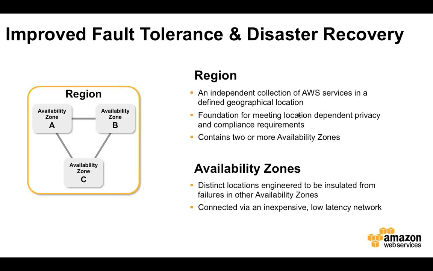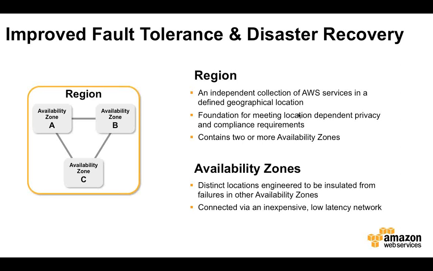Each region also contains 2 or more availability zones. These availability zones are distinct locations, and these are engineered to be insulated from failures in another availability zone. So when you deploy your business critical application, you have a ready available choice of deploying this across multiple availability zones.